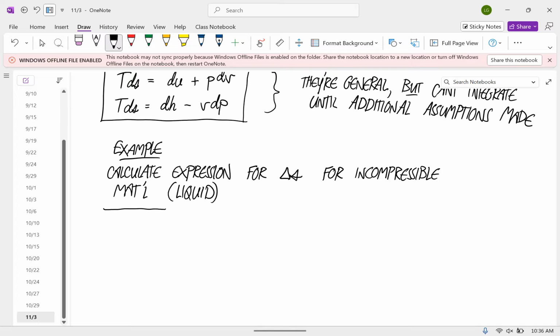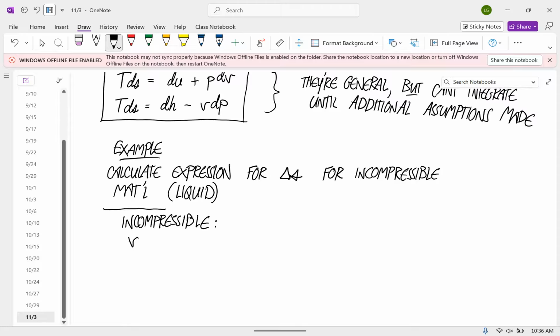Well, what do we know about incompressible materials? Let's think back about that. You can think of the definition of an incompressible material as like the density or the specific volume is constant, can't change. That's like the definition.